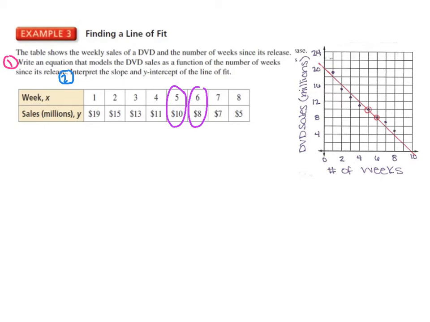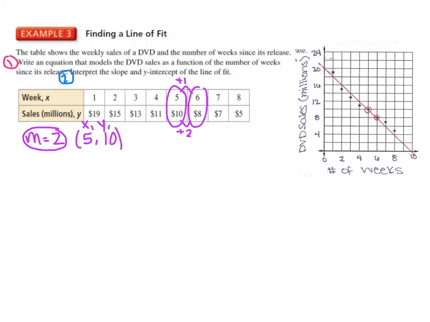So I want to be able to write the equation of a line through those 2 points. My first job is to find the slope. Right, I can do that right here on my table. I went up 2 and over 1, so my slope was 2 over 1, which is just 2. I picked one of those points as an x1 and a y1, so I went with the point 5, 10 to use as my x1 and y1.